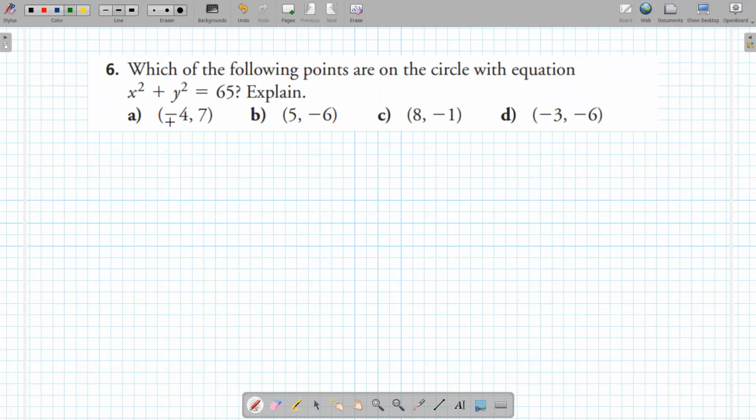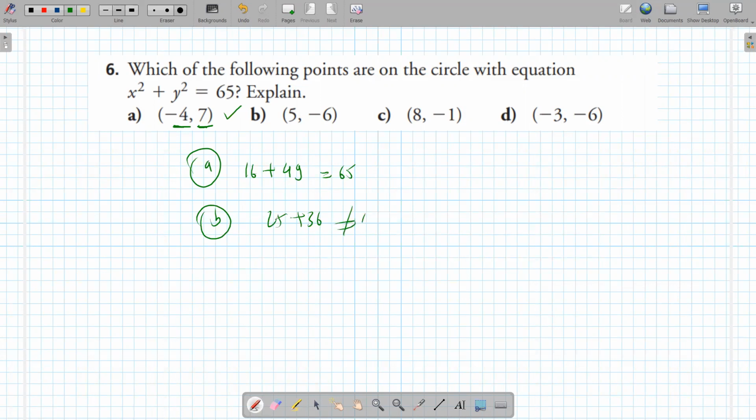It's pretty simple, okay? All you have to do is plug this as x, plug this as y, and see if that's 65. So for A, it's going to be 16 plus 49, which is 65. So therefore, this point is on the circle. B, you have 25 plus 36.